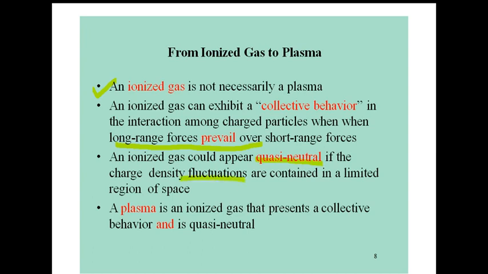Further, a plasma is an ionized gas that presents a collective behavior and is quasi neutral. So, on the basis of other factors, finally you can look here at plasma, which has both things. It is also an ionized gas, it also has collective behavior and also has quasi neutrality. That is why we call it the fourth state of matter.